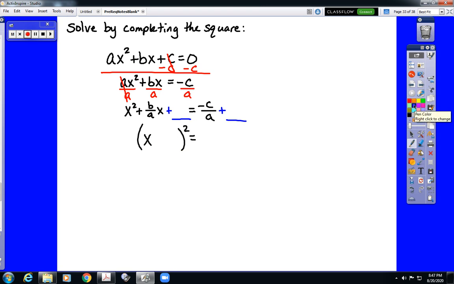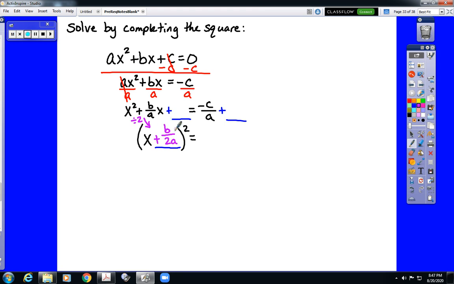Remember that when we do this, we take the value in front of x, which in this case is b over a, and we divide it by 2. Dividing a fraction by 2 is the same as multiplying the fraction by 1/2. So we're going to multiply the denominator of our fraction by 2, which would give us b over 2a. Now, what we do next is the same as it has been in every single problem.